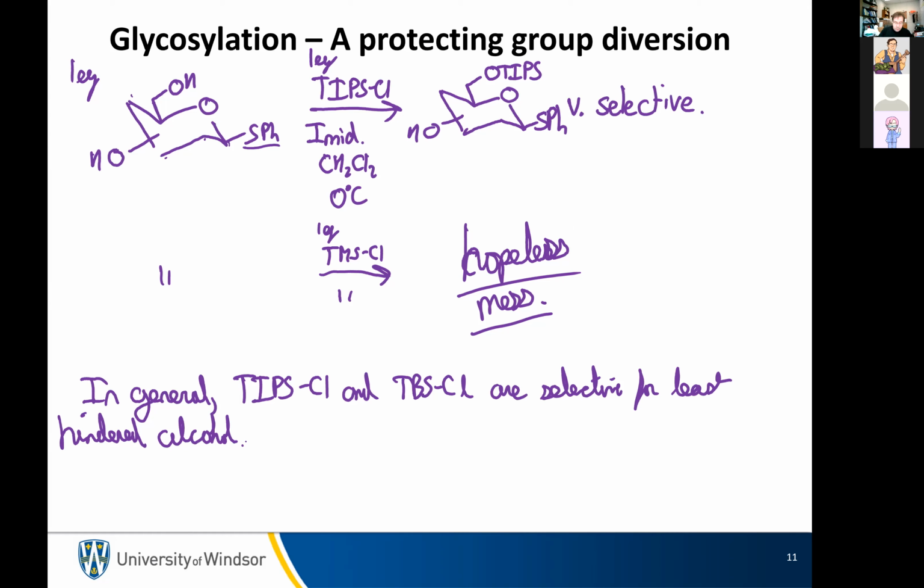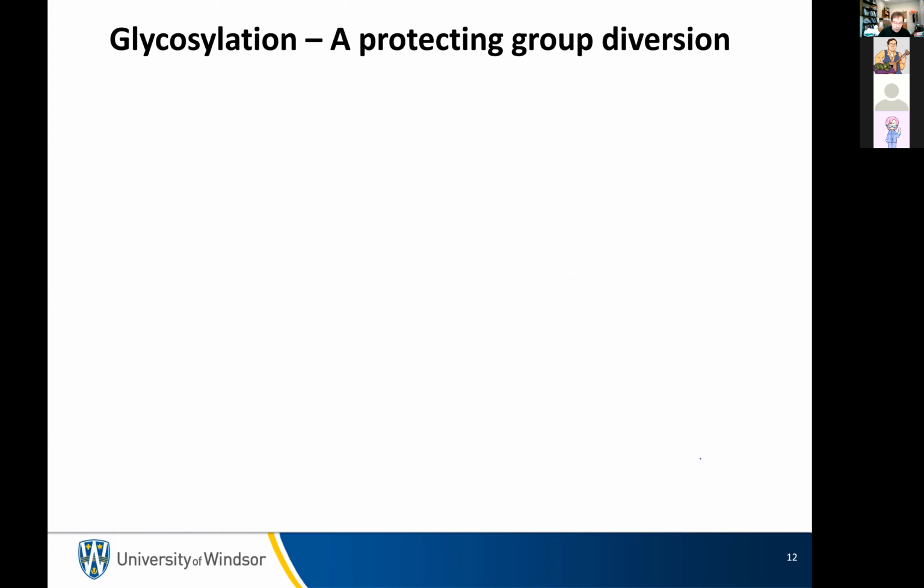But these guys are very, very selective. So how do we take them off? Well, let's say you put all your TESs on. We can treat this with HCl and water, and that will take them off.